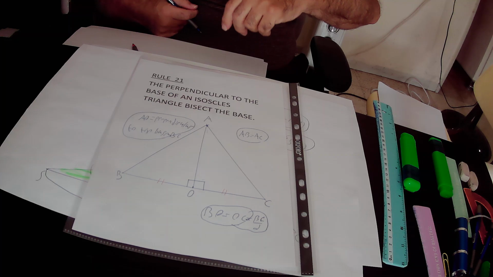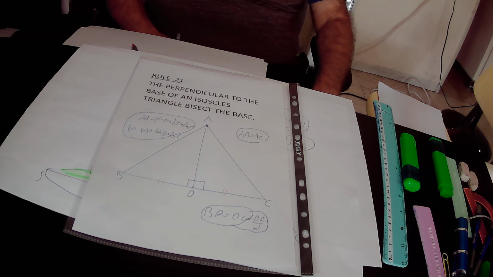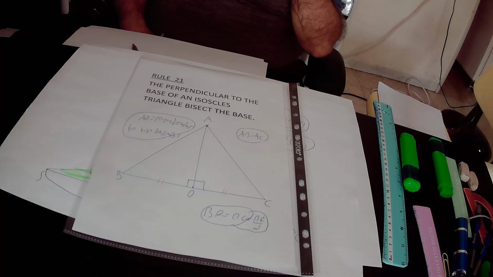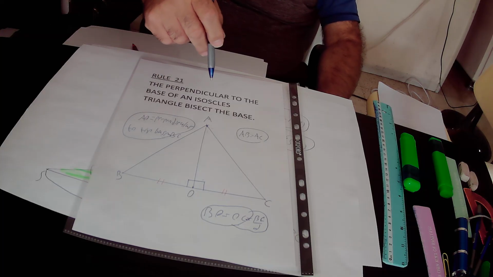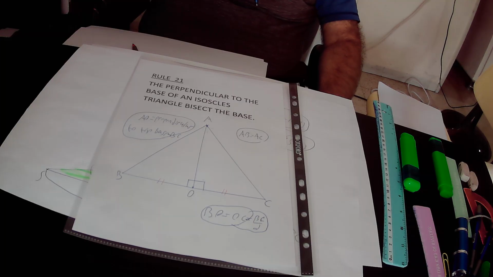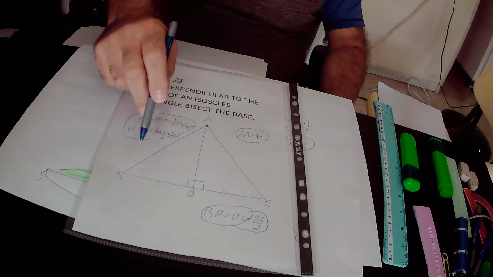According to rule 21, the perpendicular to the base of an isosceles triangle bisects the base. So this is triangle ABC, side AB equals side AC, and therefore it is an isosceles triangle.